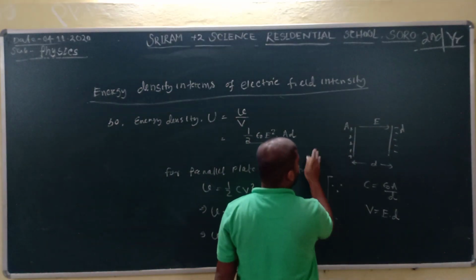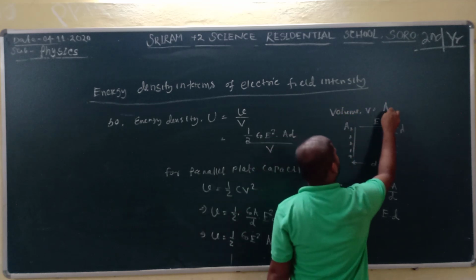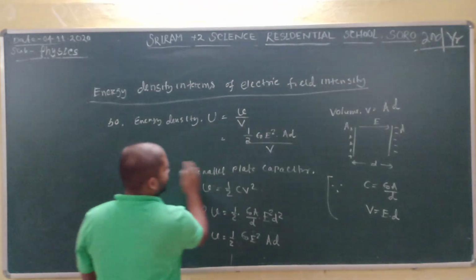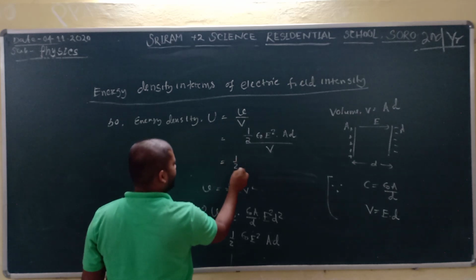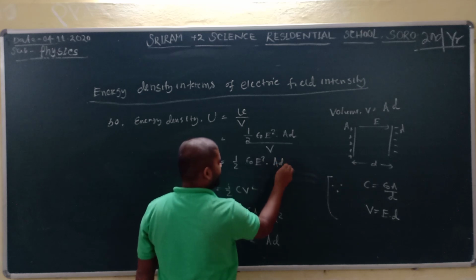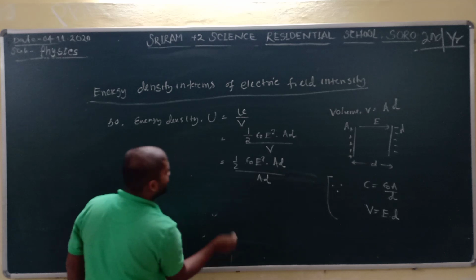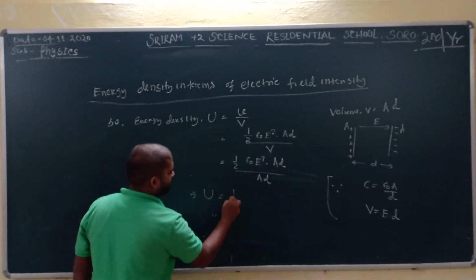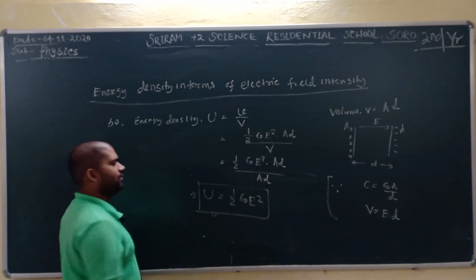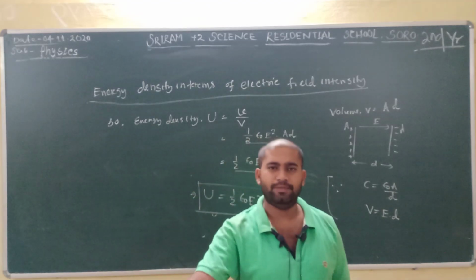Volume V equals area into thickness, that is A d. So if we cancel these two, what will be the energy density? Half epsilon naught E square. So this gives the expression for energy density in terms of electric field.